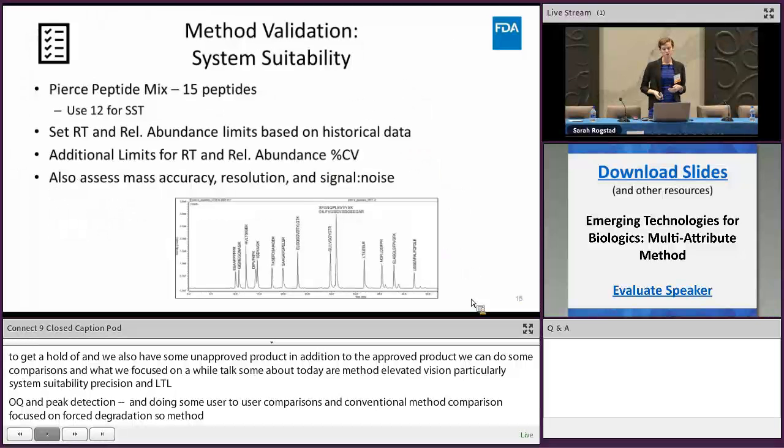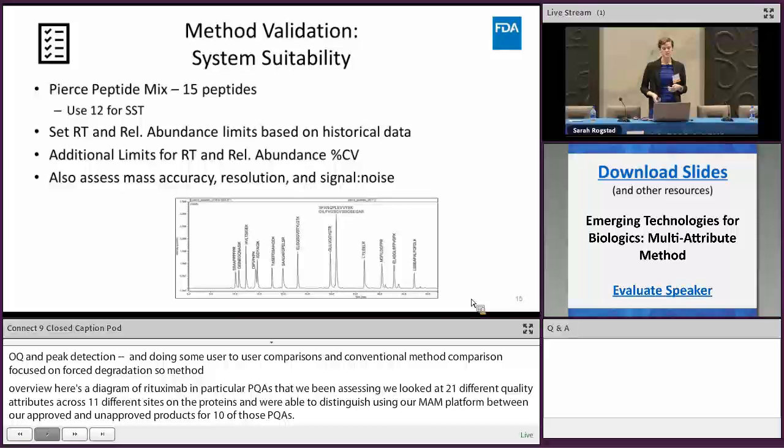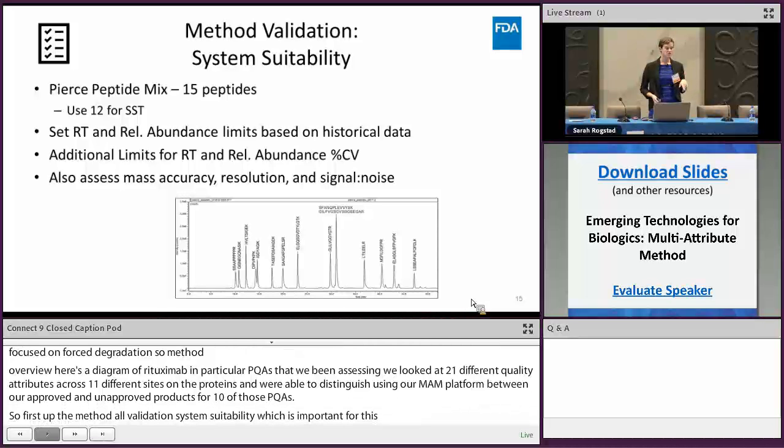First off, with method validation, I want to mention system suitability, which is really important for this method. We specifically are using a Pierce peptide mix, which contains 15 isotopically labeled peptides. We focused on using 12 of those for our system suitability testing because they were more reliable in our particular instrument.